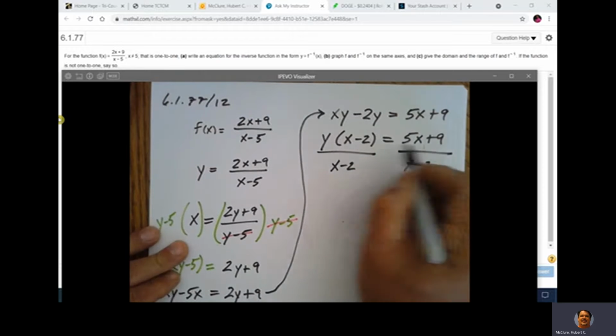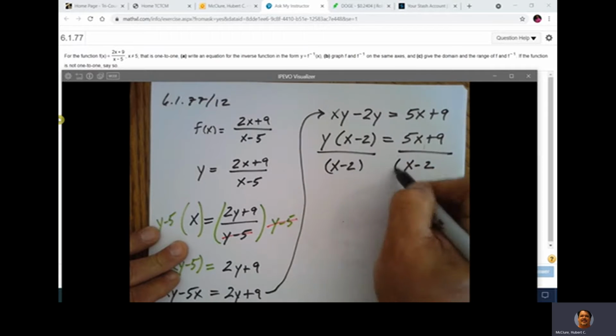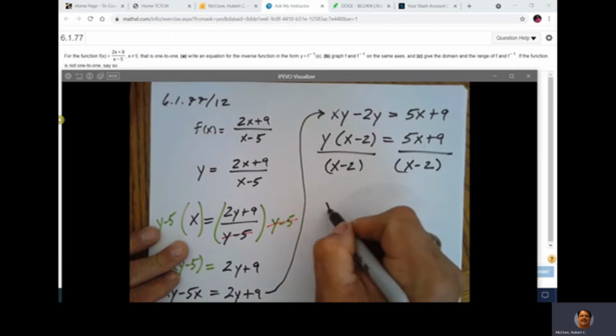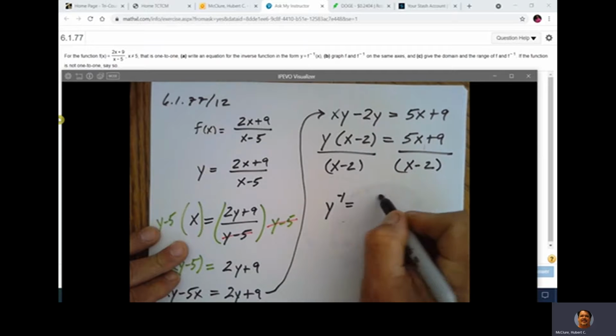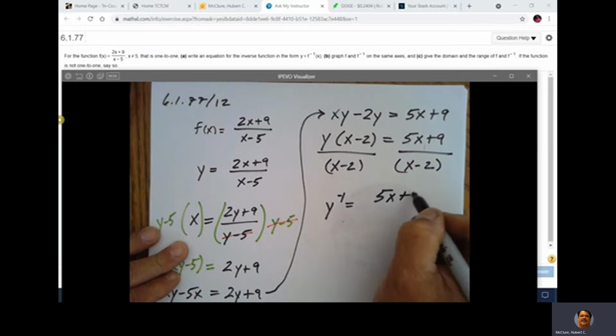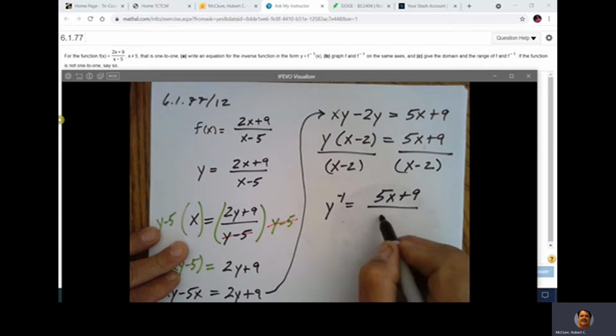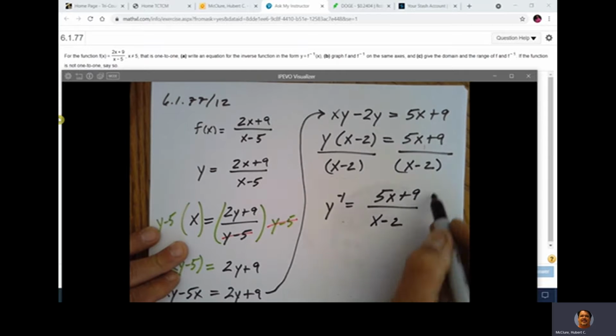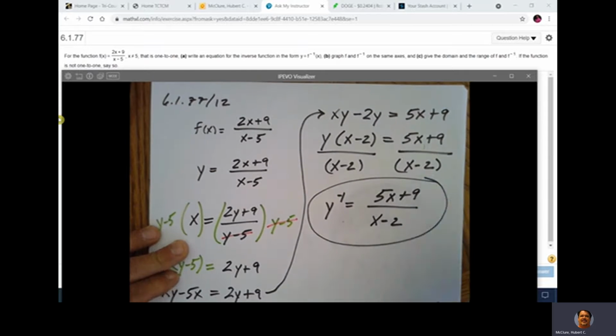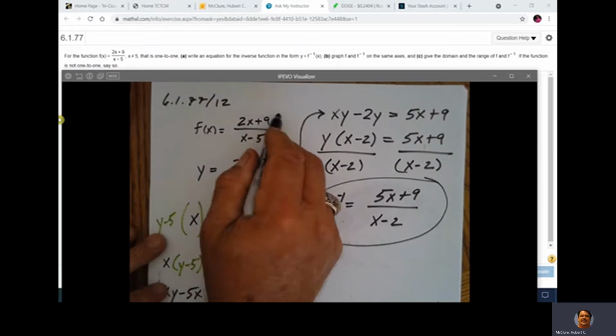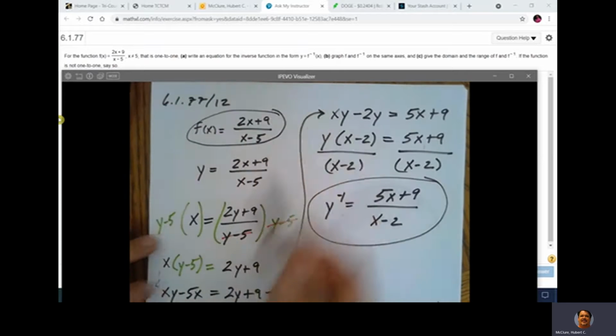And that last step, y becomes y to the negative 1, is equal to 5x plus 9 over x minus 2. And there is your y inverse of f of x.